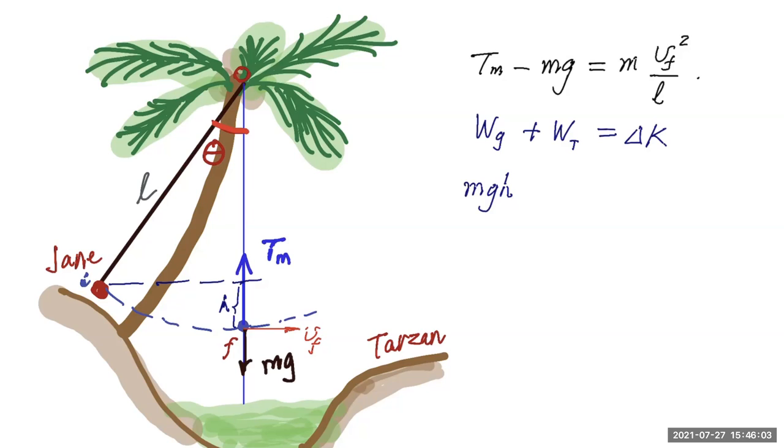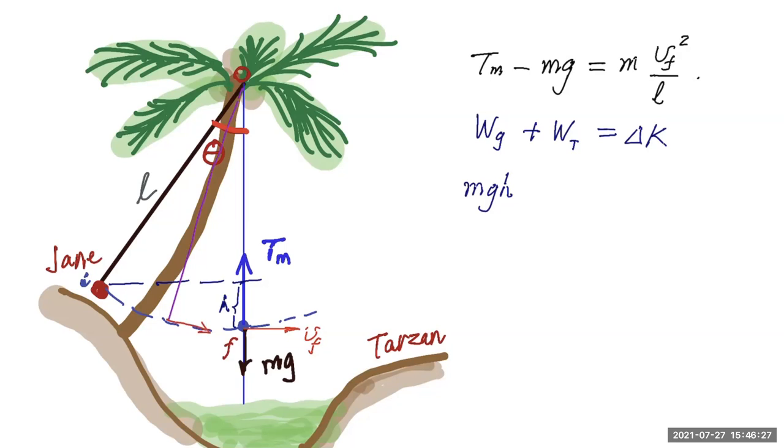So let me draw an arbitrary moment during her swing. Let's say at this particular moment, she is here, and then she is moving this way. At that moment, she's moving this way.